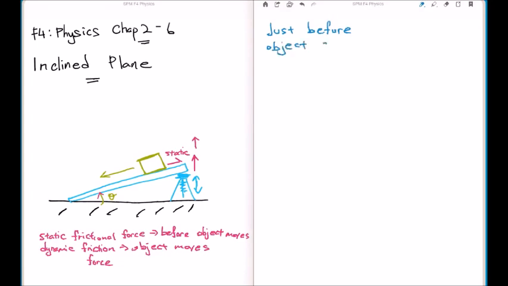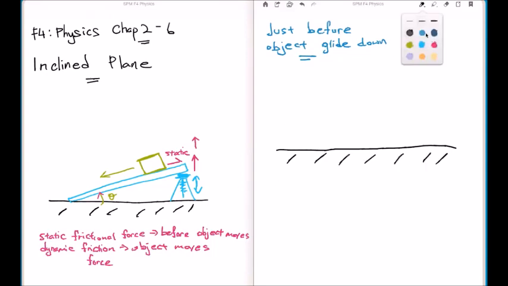Just before that, maybe I'm going to redraw that in a bigger diagram. I need to spend some time on it. Instead of that diagram, I'm going to draw a triangle. I mean, this angle is relatively bigger. Just before that, static.